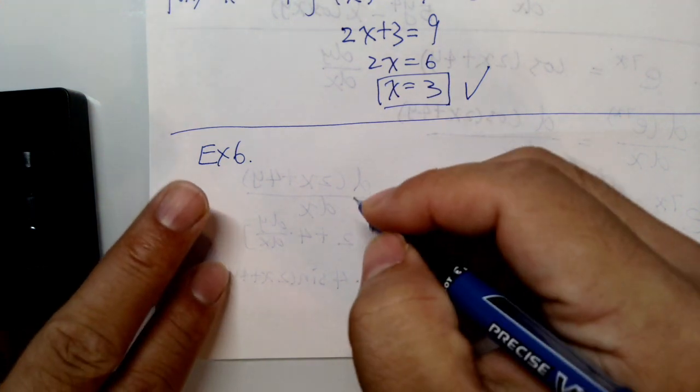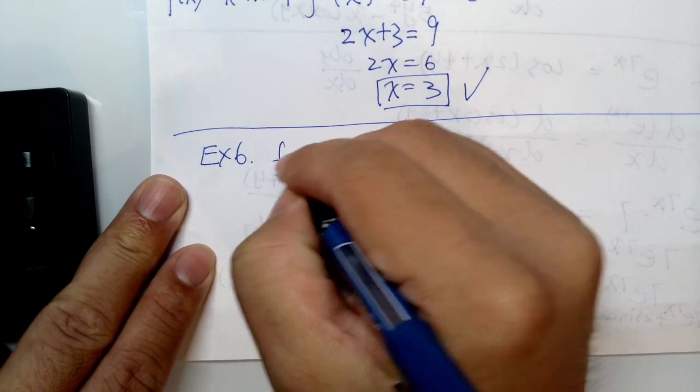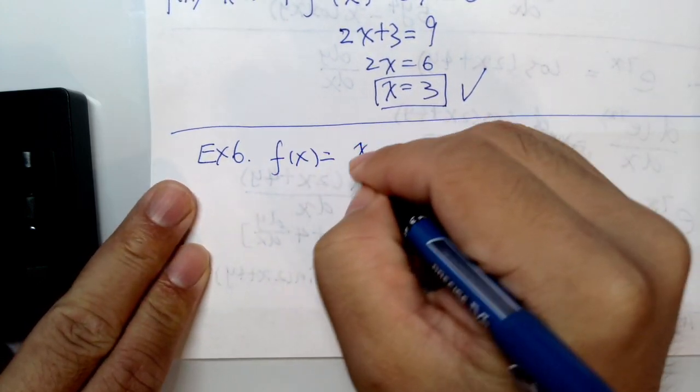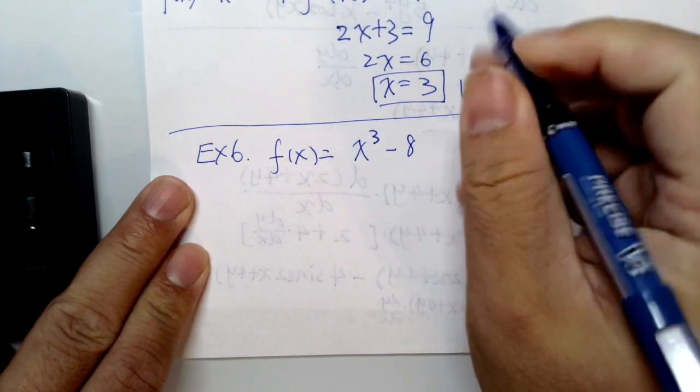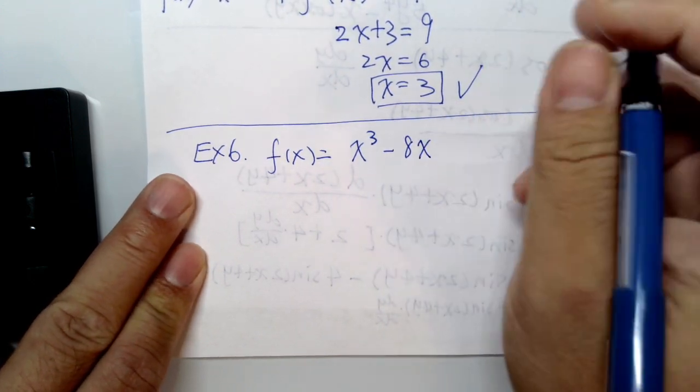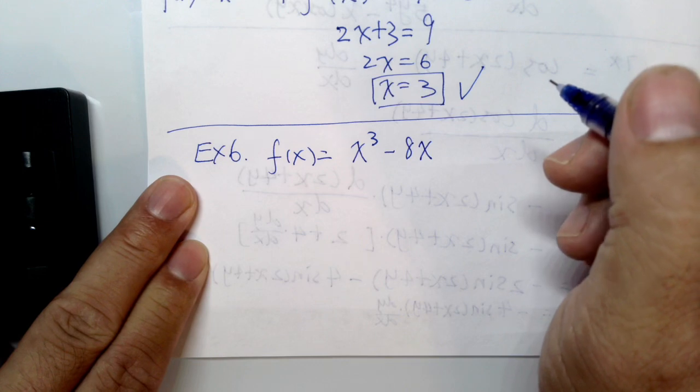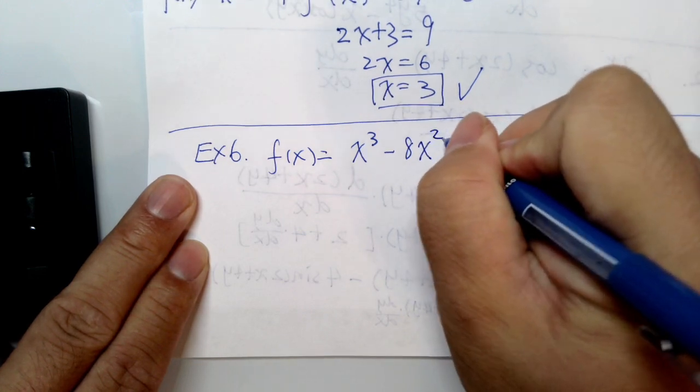Okay, so why don't we do this? f(x) equals x cubed minus 8x squared.